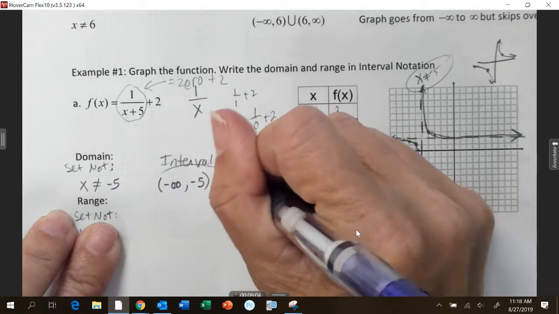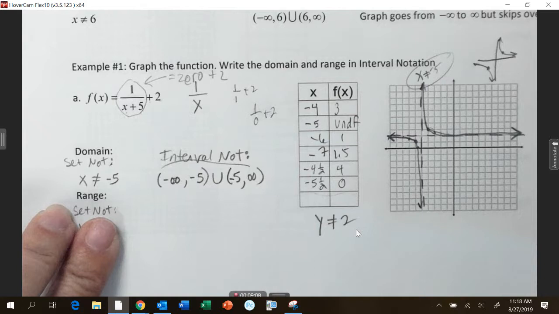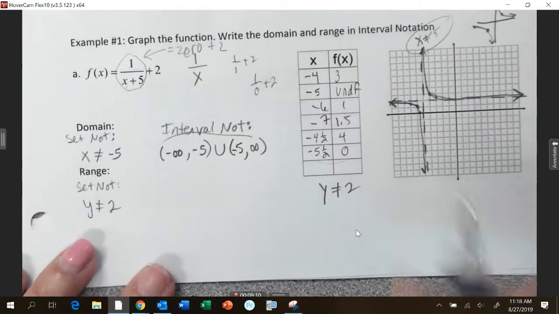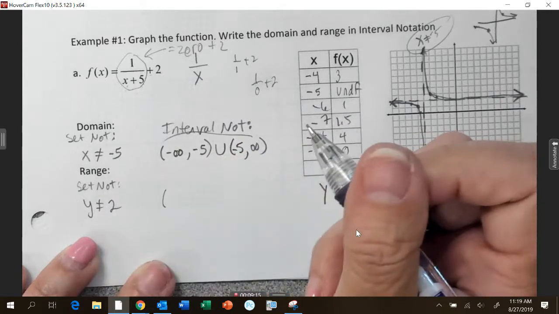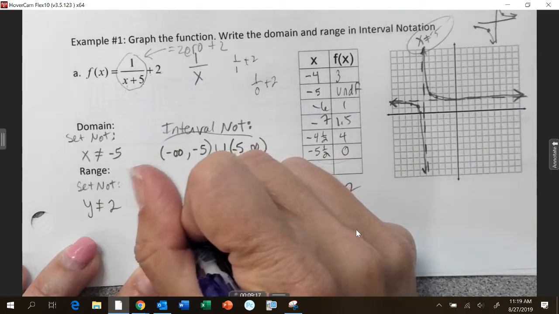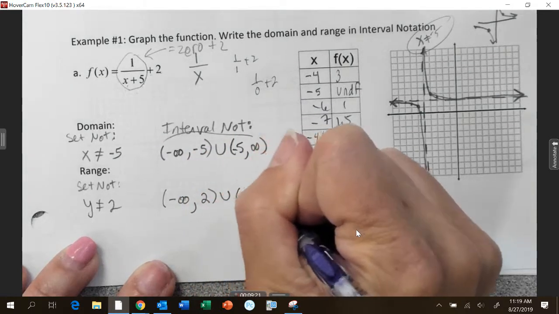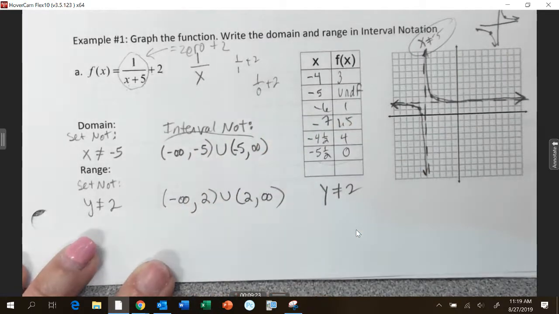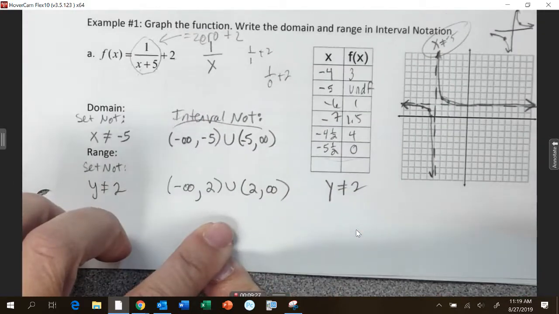Union starts at -5, goes to +infinity, but it's not equal to infinity either. So we use all parentheses. And then my range for interval notation would be -infinity to 2, union 2 to infinity. So we're just skipping over -5, we're skipping over 2, the two pieces held together with a union.